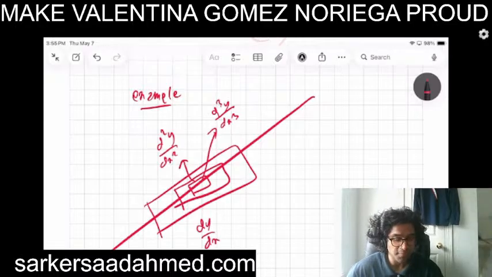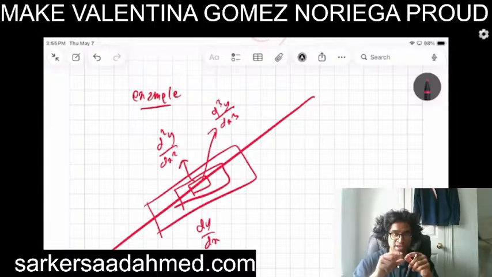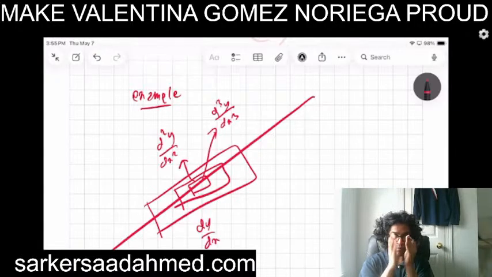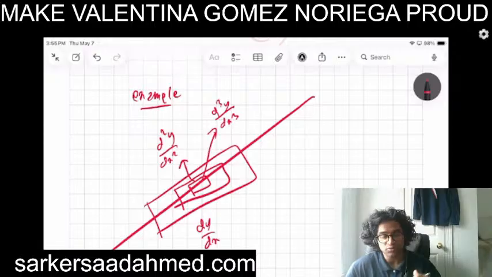The higher the order of the derivative, the further it zooms in, to a point where it is precise. Cool?